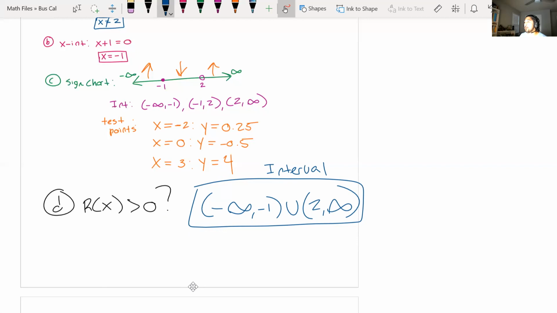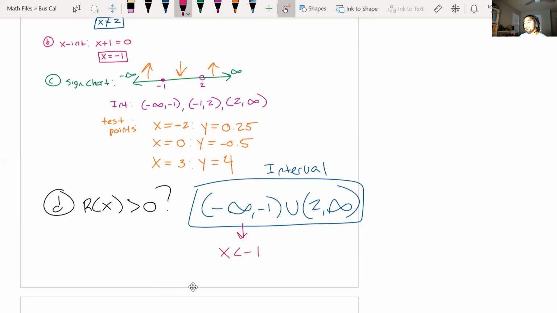Okay, but now this wanted to put it into inequality notation. So basically, this is going to be easy. What this set says is that every number has to be less than -1. So to put this into inequality notation, you would say x is less than -1.